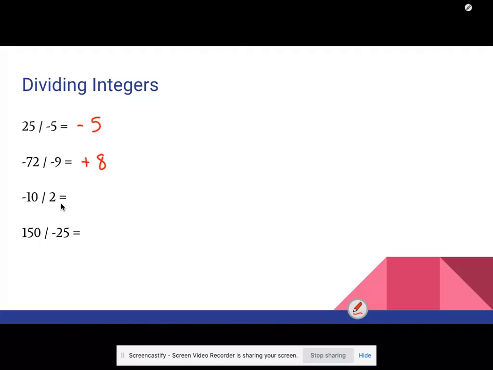Negative, positive, I know I'm going to have a negative. 10 divided by 2 is 5. And then lastly, 150 divided by negative 25 ends up being negative 6. An easy way to do the 25 and the 150 is to think about it as a quarter and $1.50. That would allow you to do that in your head.